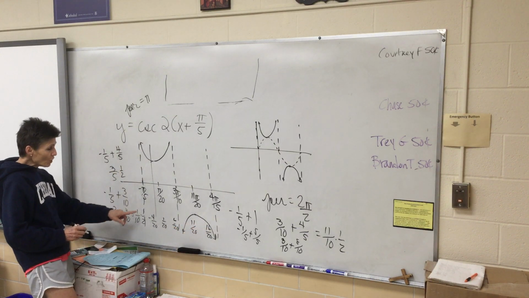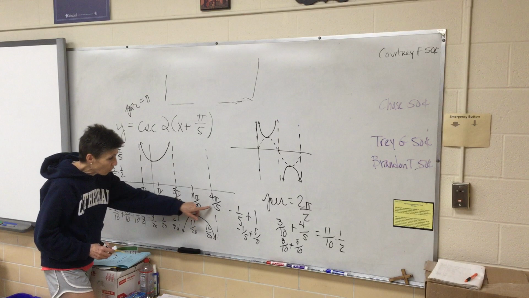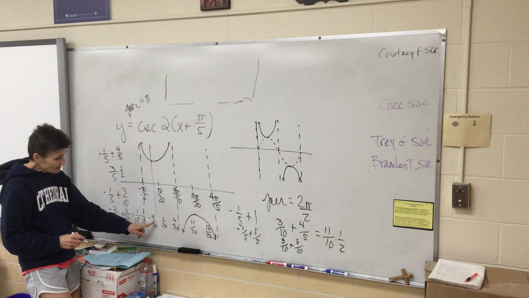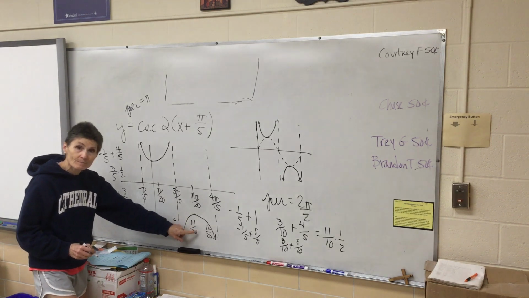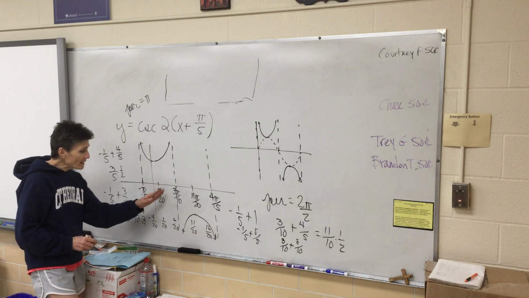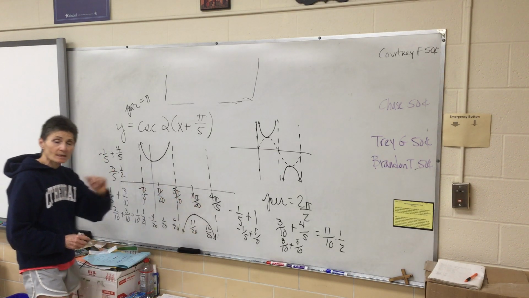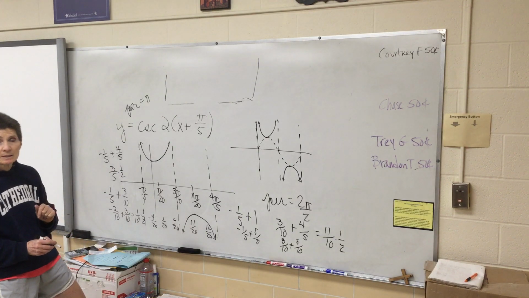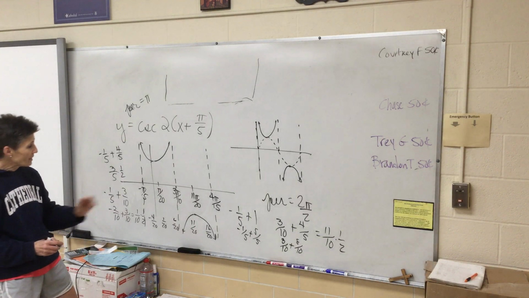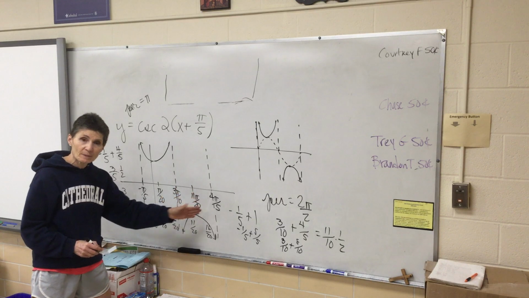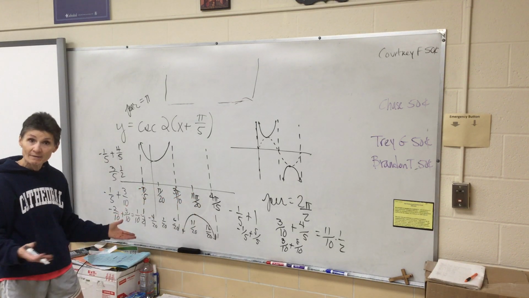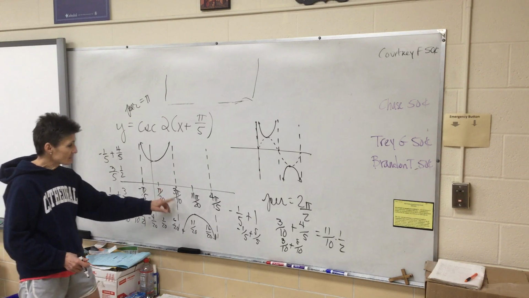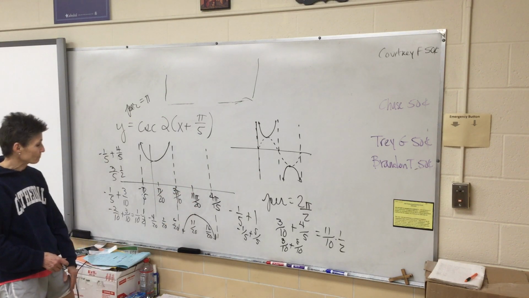Now, what do you notice? If I get a common denominator with all those labels, what do you notice? They're 5/20 apart. These should always be equally spaced. They should always be a fourth of the period. So this is pi over 4, 5/20. This is pi over 4, and so on.